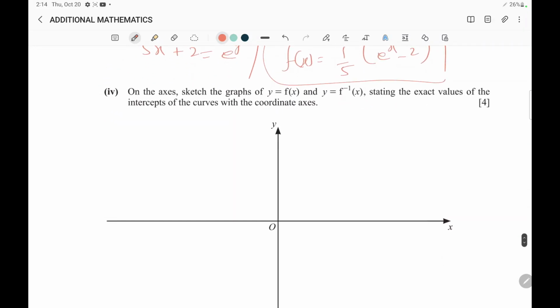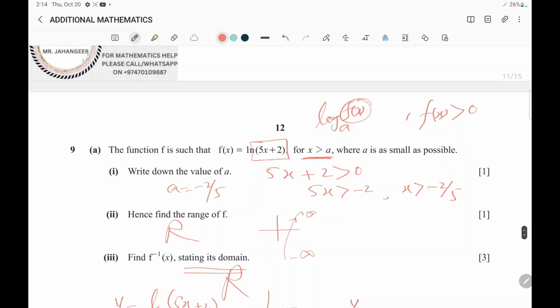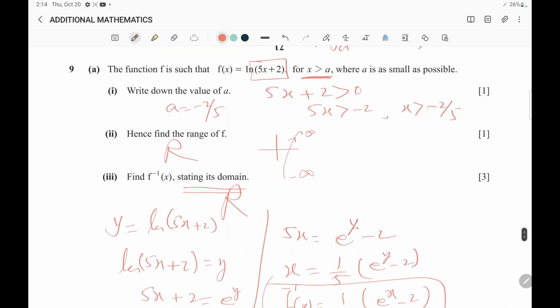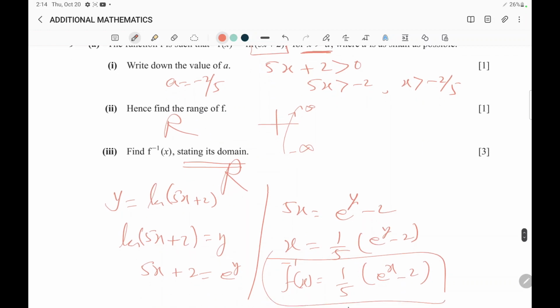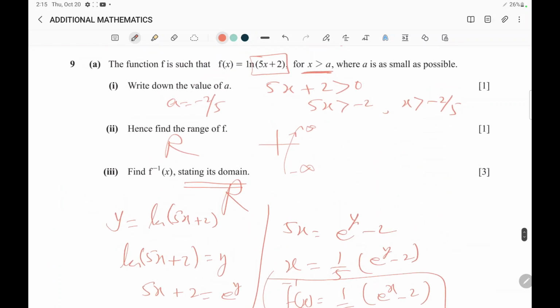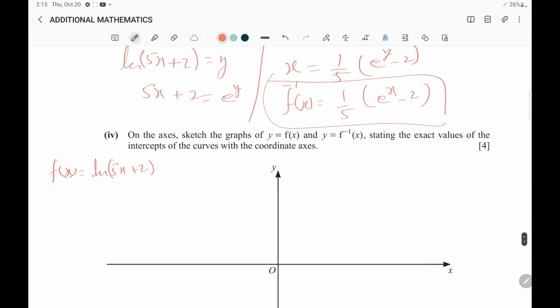Okay, now on this axis, sketch the graph of f(x) and f inverse x, stating the exact values. Okay, no problem. What is f(x)? ln(5x + 2). So it's shifting to the left side, by 2 by 5. Here I am writing, guys, f(x) is ln(5x + 2).